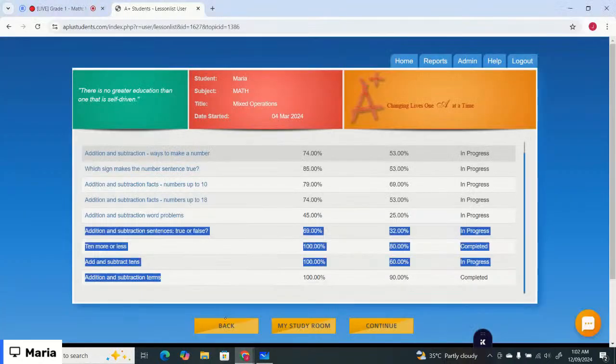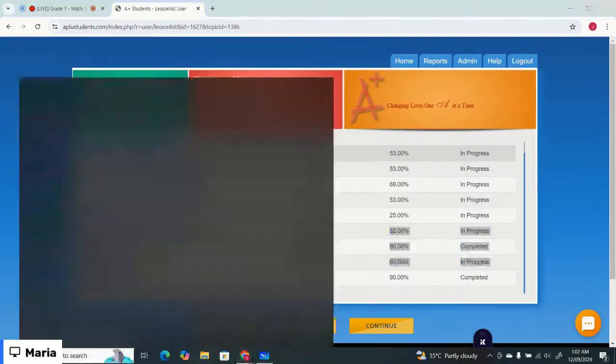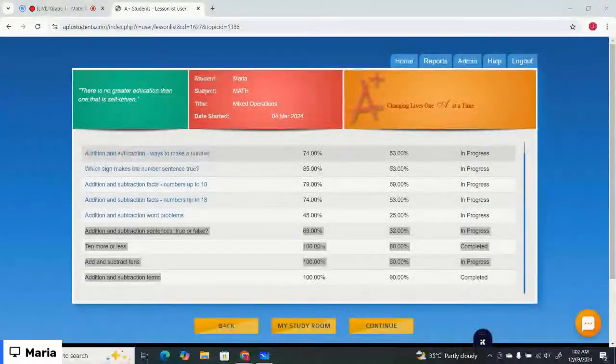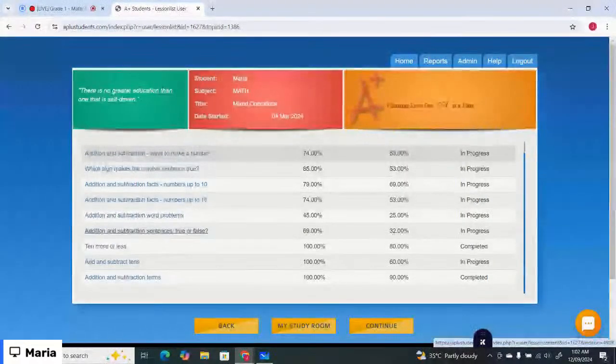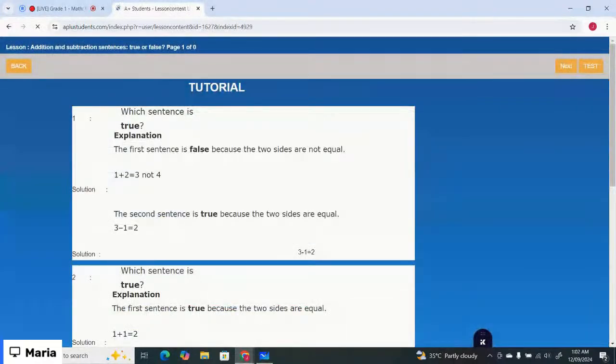Here I am on grade 1 math. The chapter we are going to start with is mixed operations. So let's see the example, that is addition and subtraction sentences true or false.